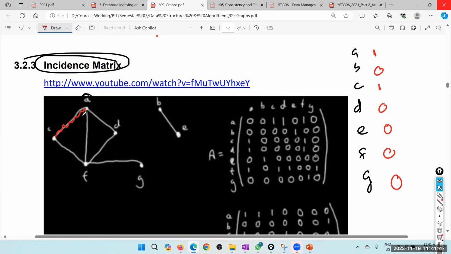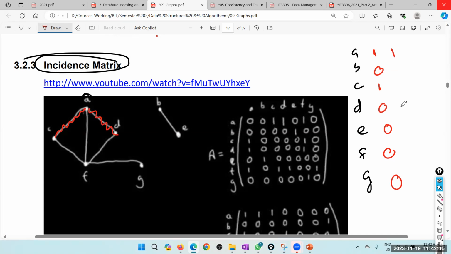Then if it is bidirectional, you have to mark the CA edge as well. Of course, this is bidirectional, so let's mark the CA edge as well. CA and AC are the same. So then let's go for AD.